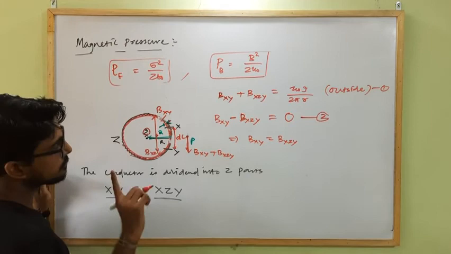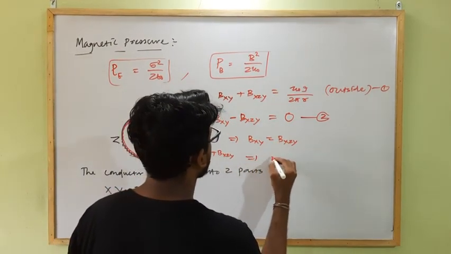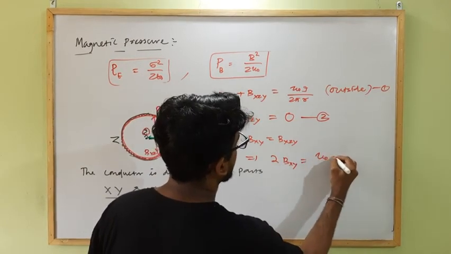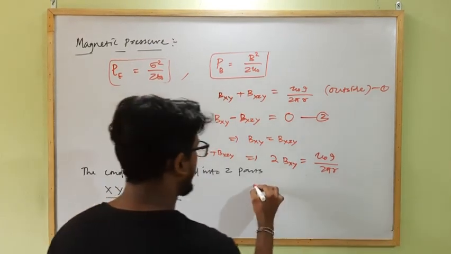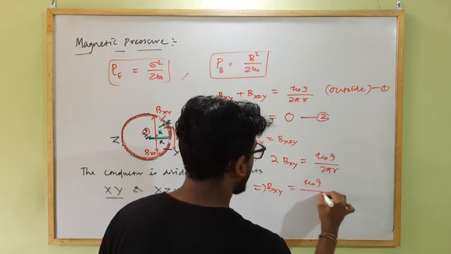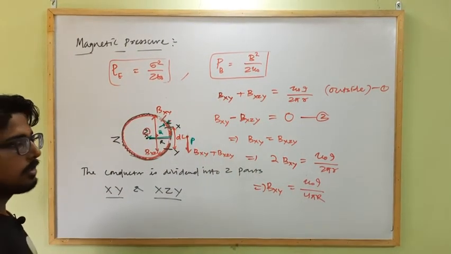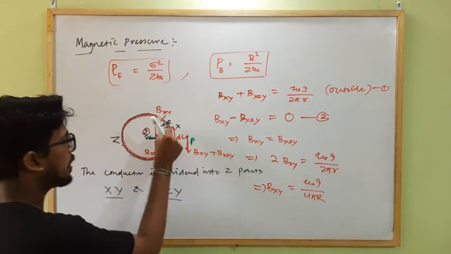Clear? So 2 into B of xy equals mu naught I by 2 pi r, so B of xy will be mu naught I by 4 pi r.